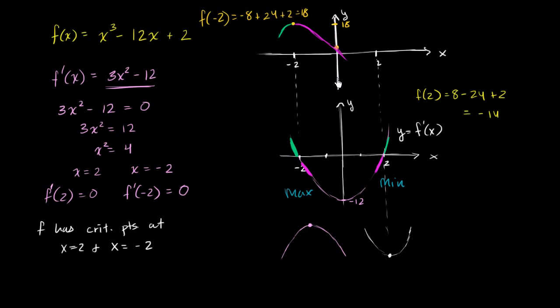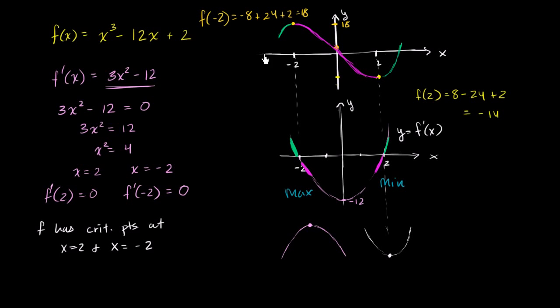So this is f of 2 right over there. And we saw already that the slope is negative as we approach it. So our function is decreasing as we approach it. And then right there, the slope is 0. We figured that out earlier. That's how we identified it being a critical point. And then after that the derivative is positive. The slope is increasing.